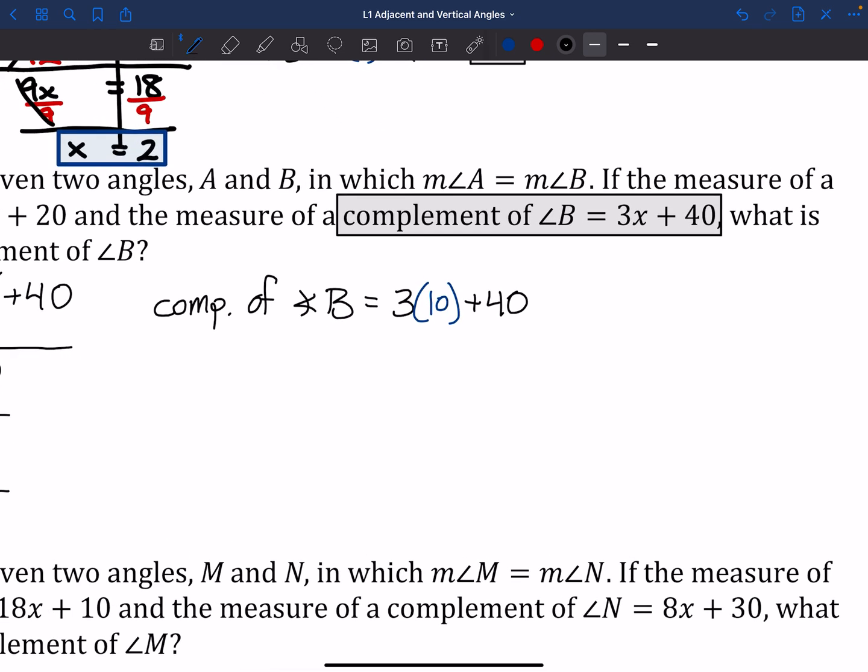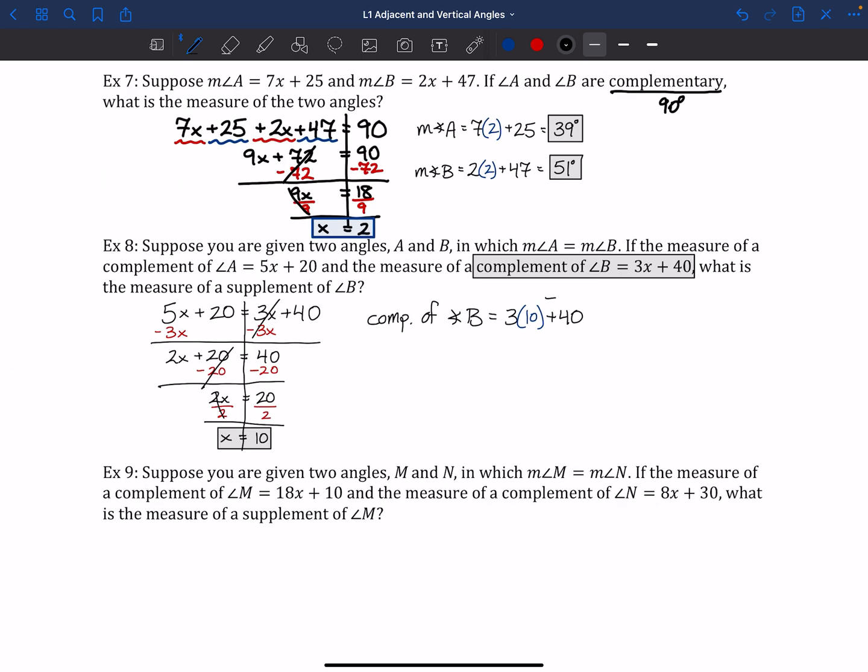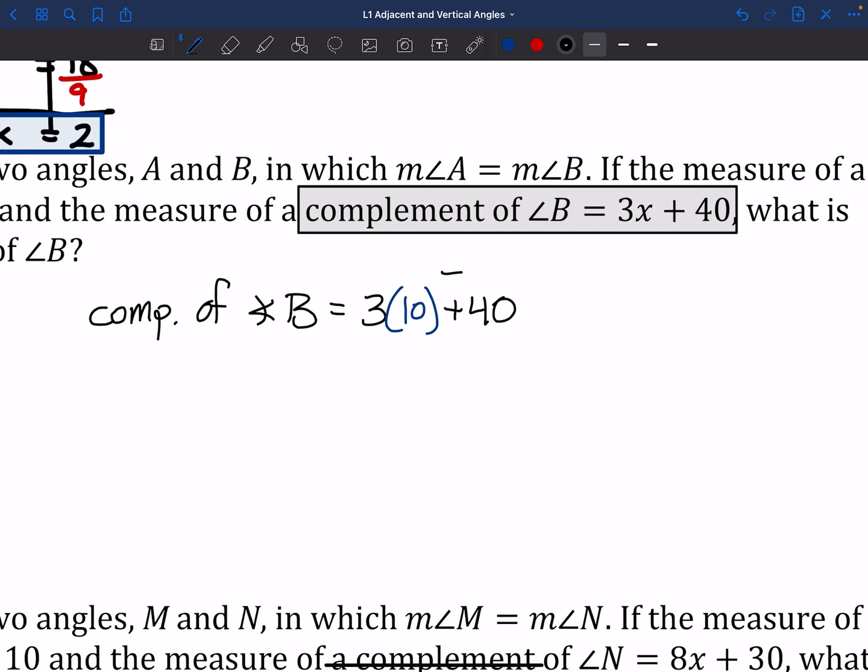All right, so 3 times 10 is 30. 30 plus 40 will give us 70 there. So the complement of B is 70 degrees.